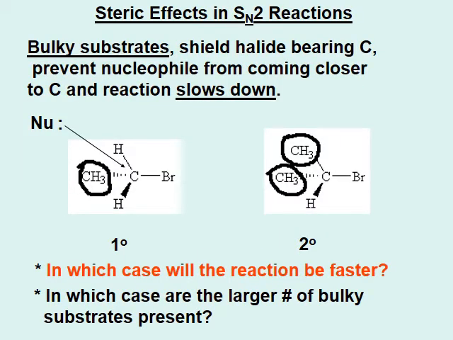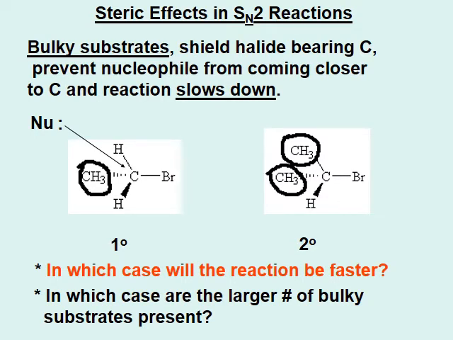In this slide, we're going to discuss the reactivity of two types of alkyl halides, 1 degree and 2 degree alkyl halides, in substitution reaction, specifically SN2 type of reaction. Now, why is the first one 1 degree?